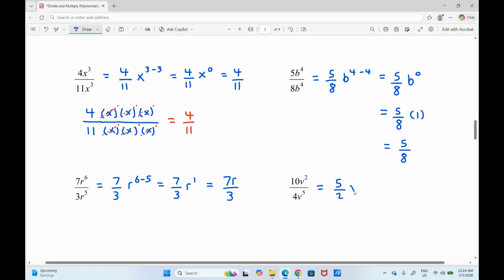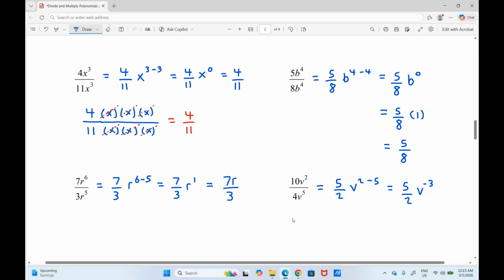As for my v, it is going to be 2 minus 5. So v to the exponent of 2 minus 5. Now 2 minus 5 is going to be a negative integer. It's going to be negative 3. So what I'm going to have is 5 over 2 and then v to the exponent of negative 3. So that could be a final answer.